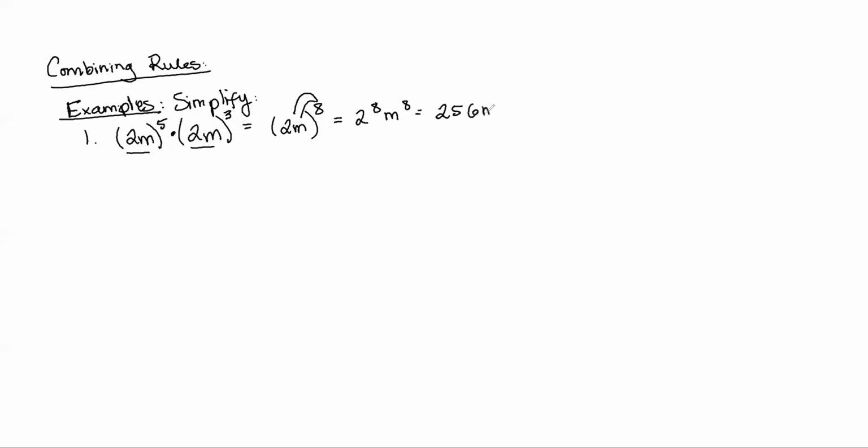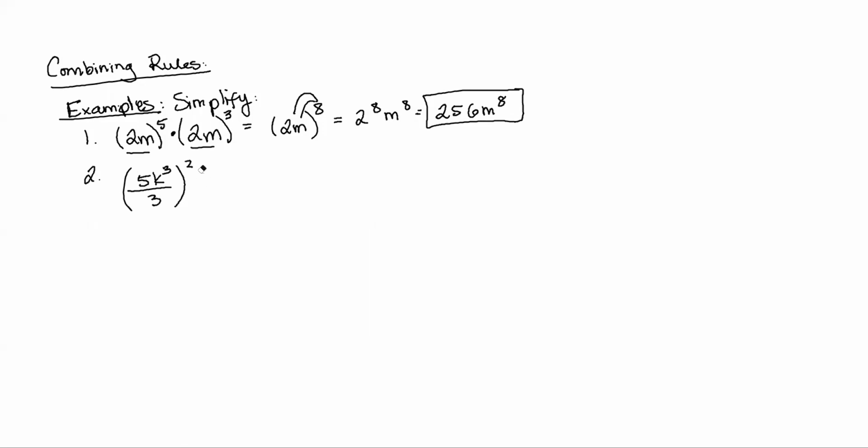So a lot of the time, 2's to an exponent, we'll go ahead and multiply out just because they don't get too big. So 256 m to the 8th. Number 2, got 5k cubed over 3, and this entire thing is squared.